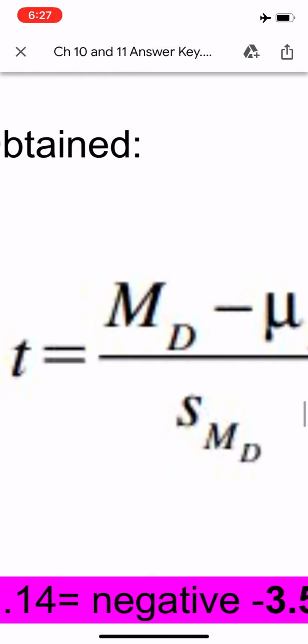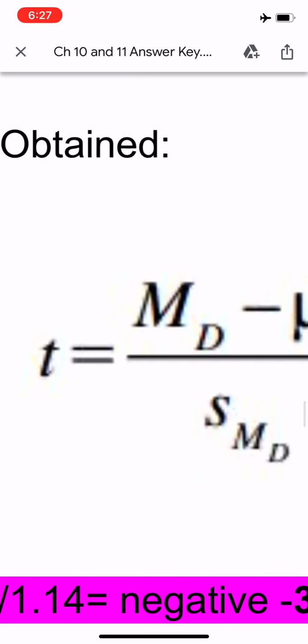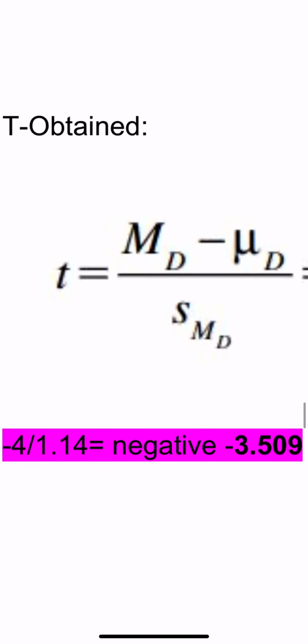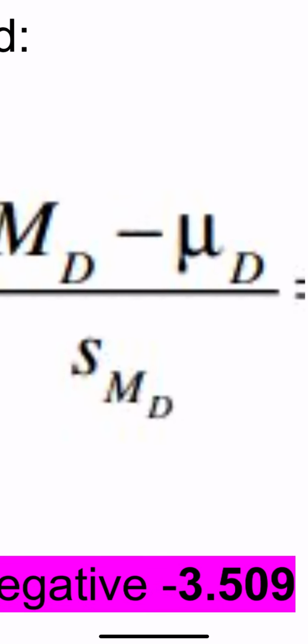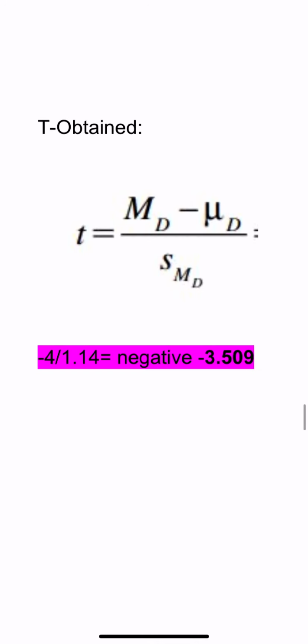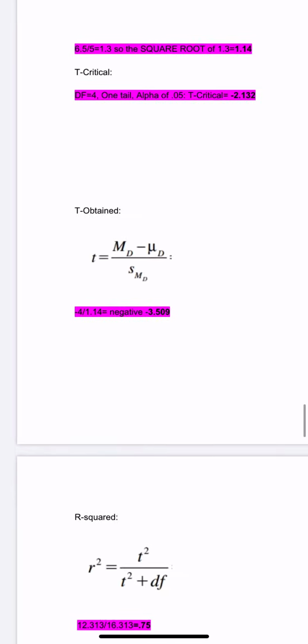Looking ahead to the test 2 formula sheet, the formula is just MD over SMD, right? Because you're just subtracting 0, because the population mean difference is 0 under the null hypothesis. So you do negative 4 divided by 1.14 equals negative 3.509.